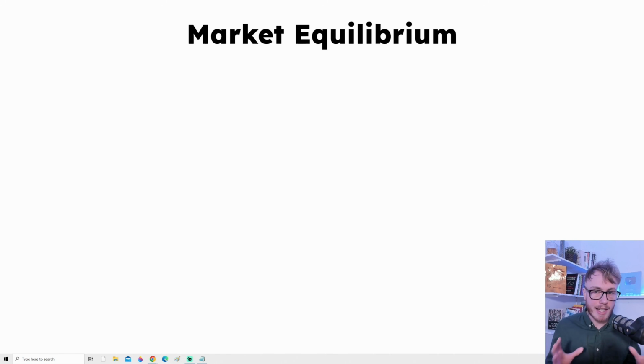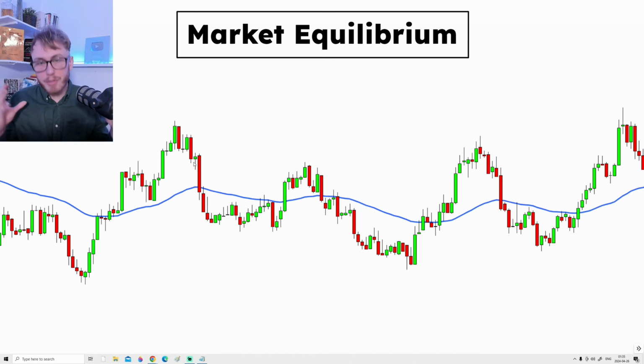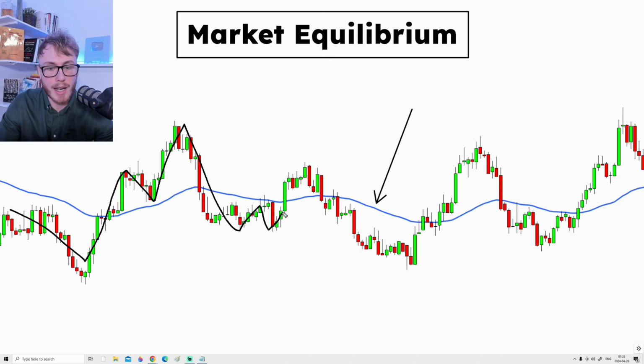So now the next thing I do want to cover here is something super important, and that is something called market equilibrium. And moving averages can actually be a very useful tool to find market equilibriums. So if you take a look at this chart right here, you can once again see that we have a blue moving average. And we have the price sort of moving up, moving down, moving up and down.